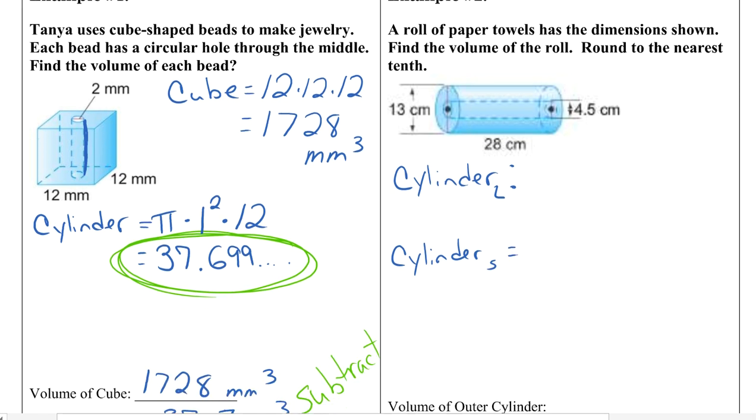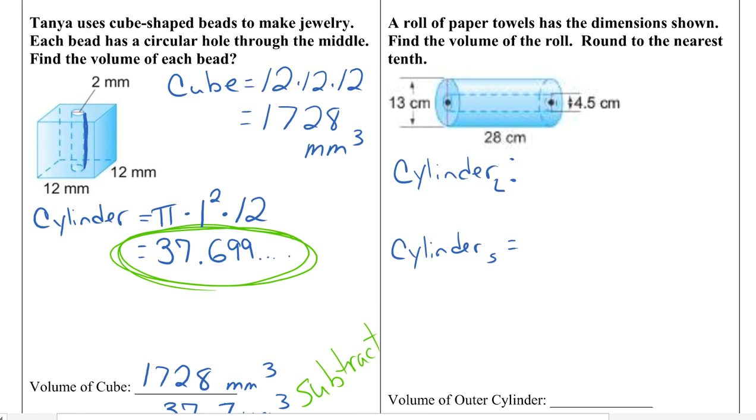If I look at the outer cylinder, the larger cylinder, I know that I'm going to be using pi r squared times h. So I start with pi, and then the diameter of the outer cylinder is 13. Remember, the diameter means we have to take half of that. So half of 13 is 6.5 squared.